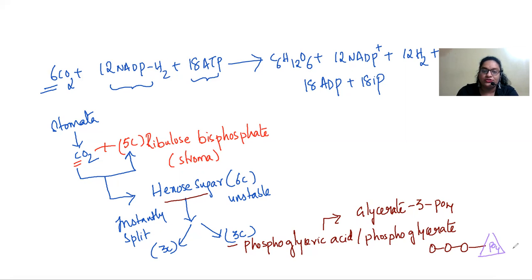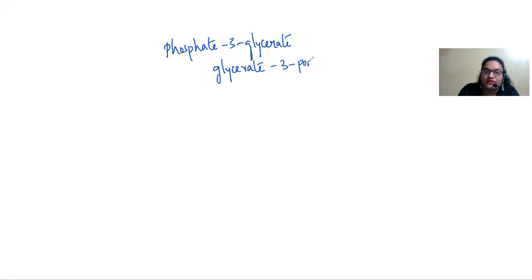Okay. Now we saw that the carbon dioxide, the carbon fixed to the ribulose bisphosphate, forms a hexose sugar. It splits into three carbon atom compounds called phosphate 3-glycerate, or you can call it glycerate 3-phosphate, or even phosphoglyceric acid.